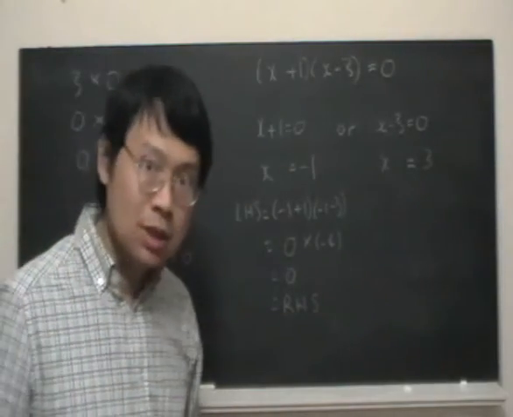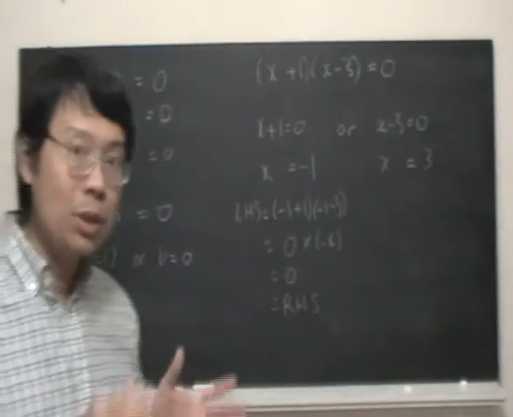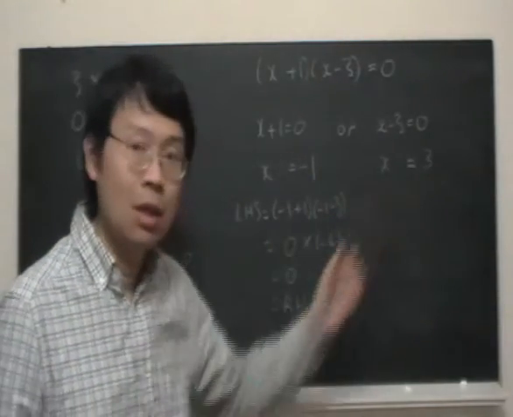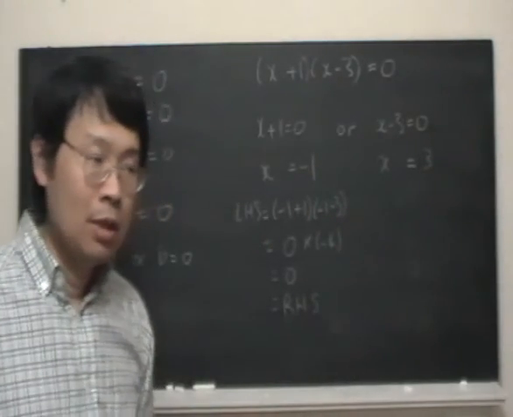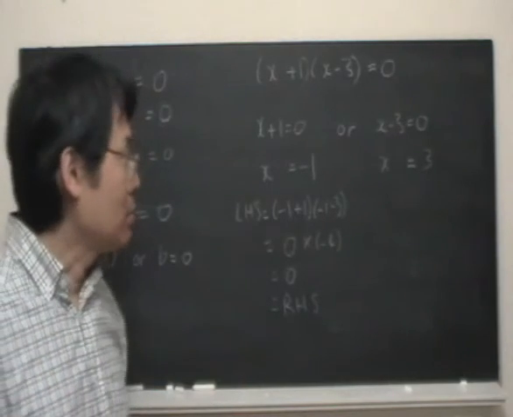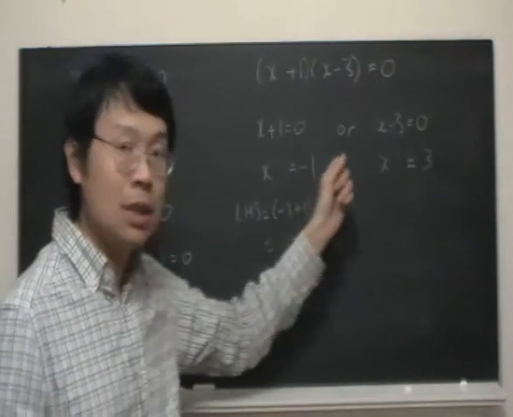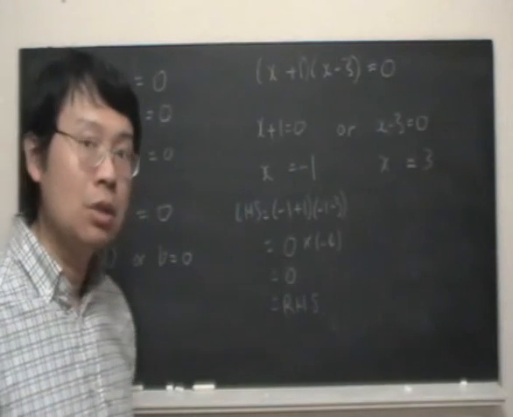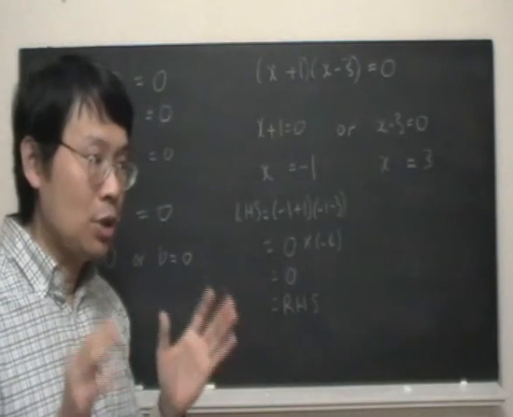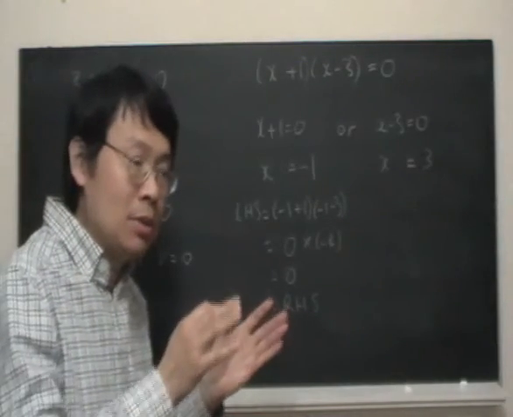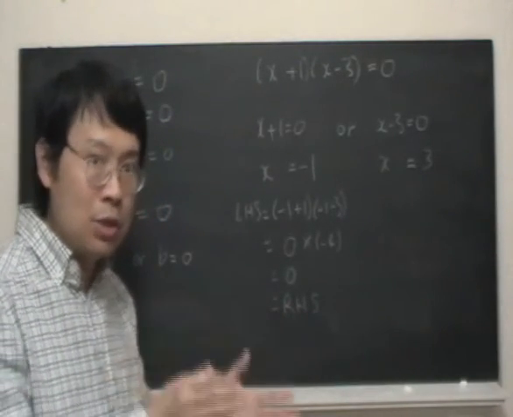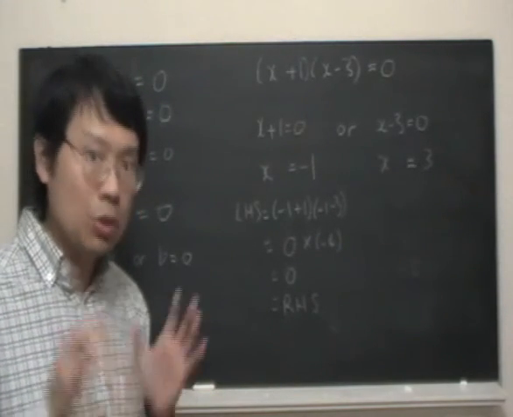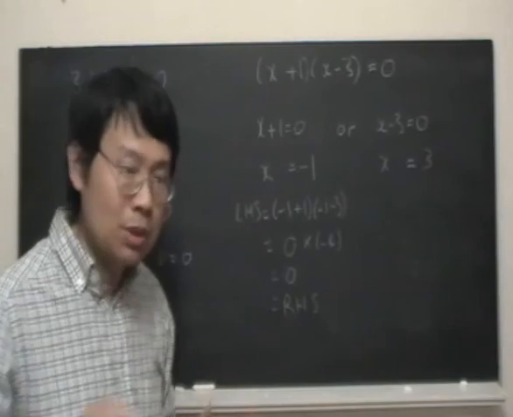What we are not saying is that x can be minus 1 and 3 at the same time, because minus 1 is not the same as 3. Minus 1 is not equal to 3. Right? So it's just that x can be minus 1 or 3. They are both possible answers, but we are not saying that x is equal to these two numbers at the same time.